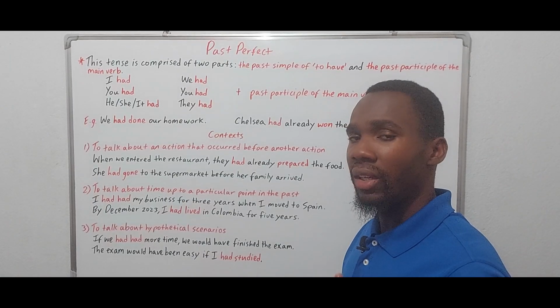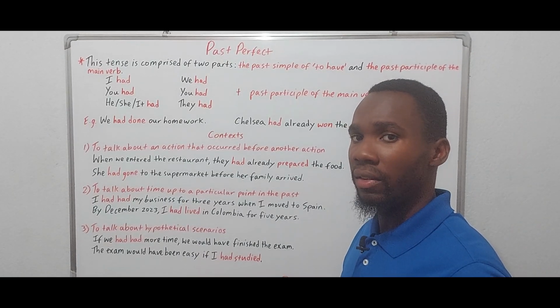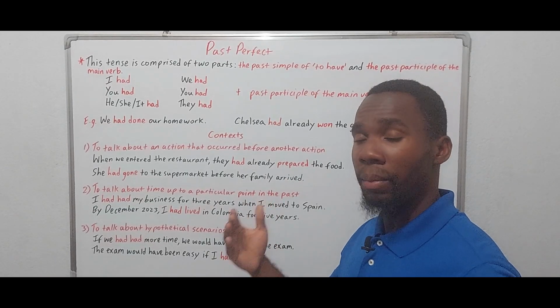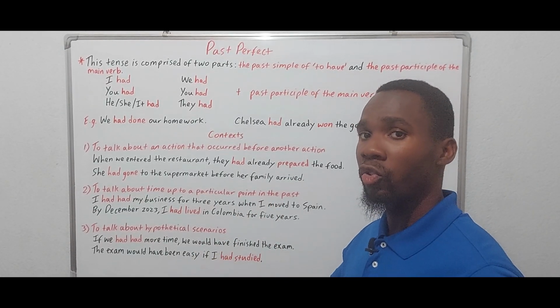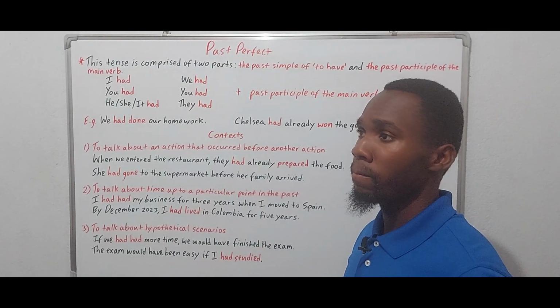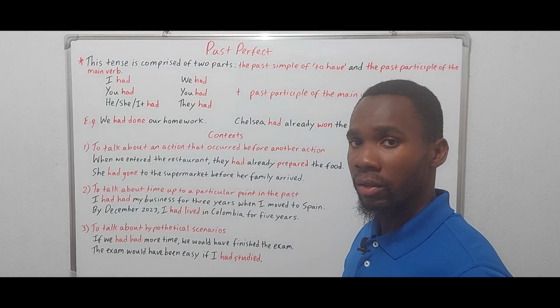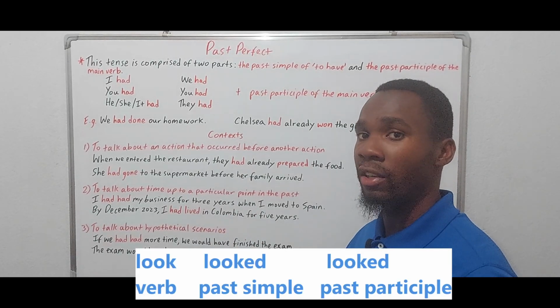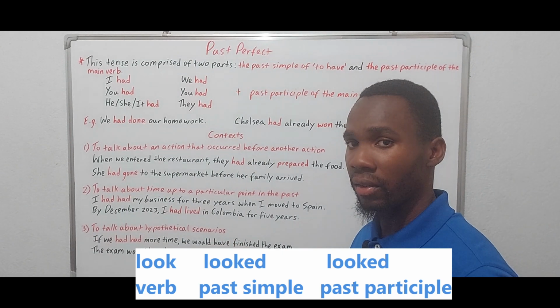So if it usually ends in ed, this means that for many verbs, the past simple form will also be used for the past participle, right? For example, the verb look, the past simple is looked, and the past participle is looked. Same thing, right?